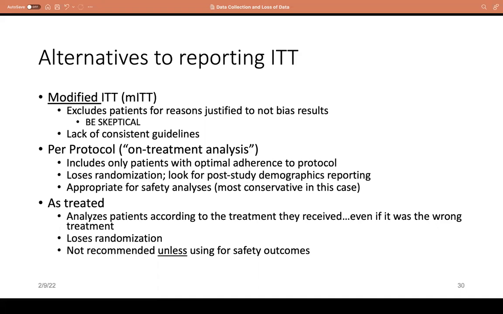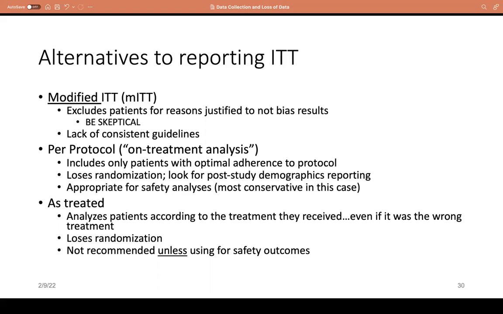Sometimes this will be considered appropriate if your primary analysis is safety. In trials you're always looking at both safety and effectiveness. Effectiveness is your treatment effect, but then you're also looking at things like adverse drug events.